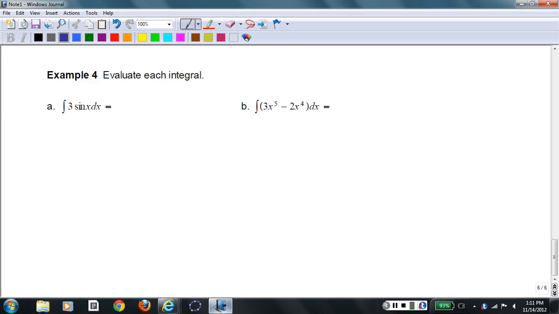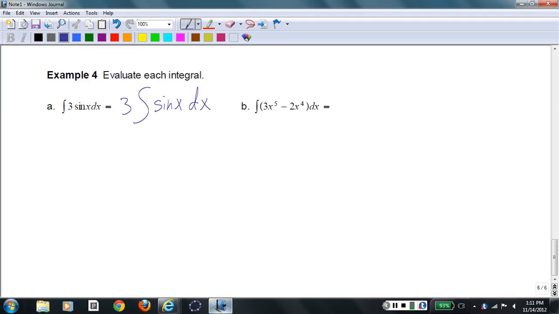We could pass the 3 in front of the d/dx. So this equals 3 times the integral of sine x dx. So we don't have to stop and think, I wonder what we could take the derivative of to get 3 sine x. We just have to ask ourselves, I wonder what we could take the derivative of to get sine x.